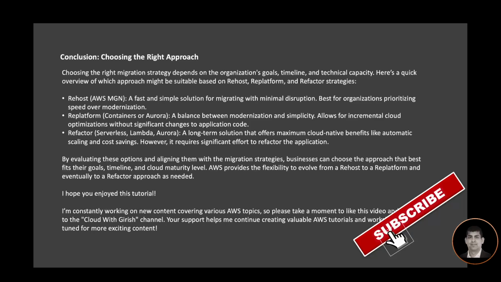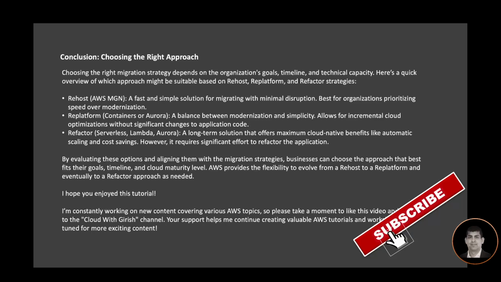In that scenario, the best solution will be to use the migration service and get it running in the cloud so that you don't have to worry about retaining the on-prem real estate. So that's just one of the scenarios, right? So choosing the right migration strategy depends on the organization's goal, timeline, technical capacity, and of course the funds, right?